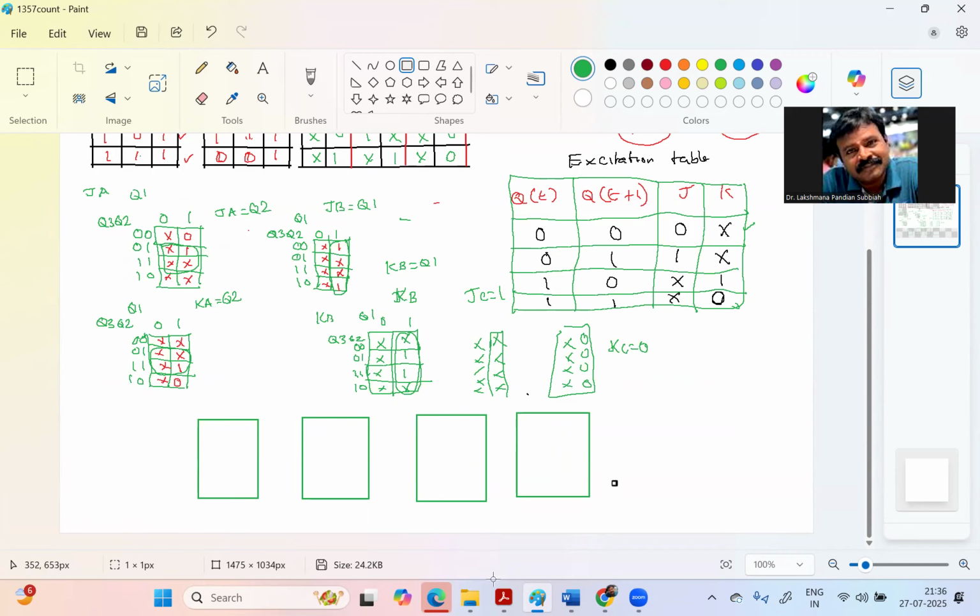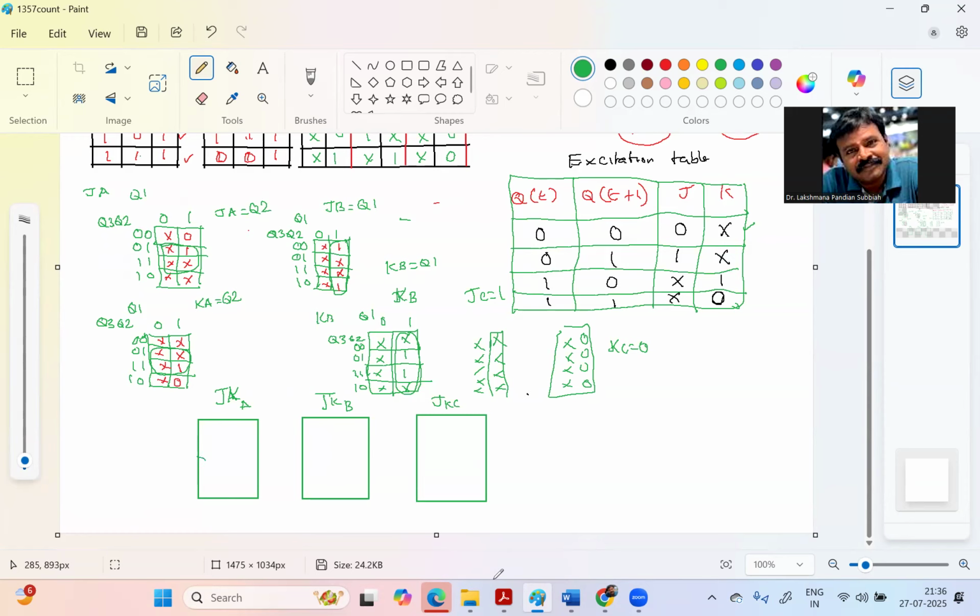Right? Then we are having now only three. This is we consider now JK flip-flop A, JK flip-flop B, this is JK flip-flop C. Right?